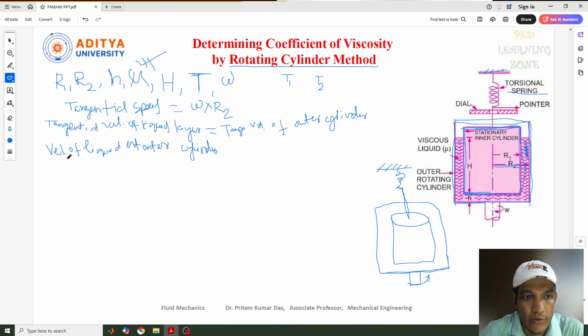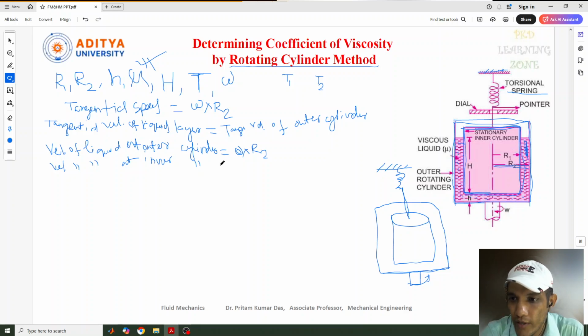So here also the velocity of the liquid layer at the outer cylinder we can write as omega into R2. Okay, now this is about the outer one. Similarly, the velocity of the liquid at the inner cylinder, this is outer cylinder and this is for inner cylinder, will actually be 0.